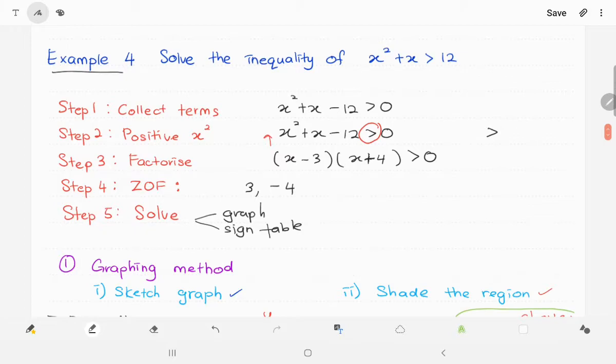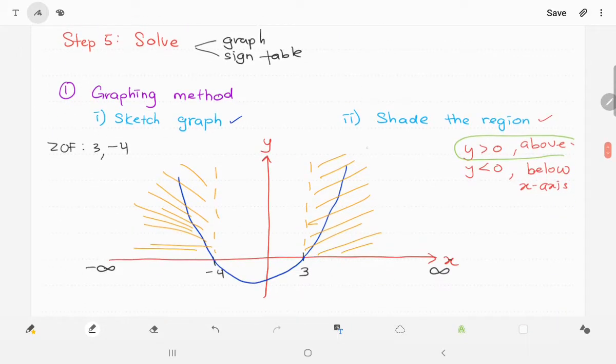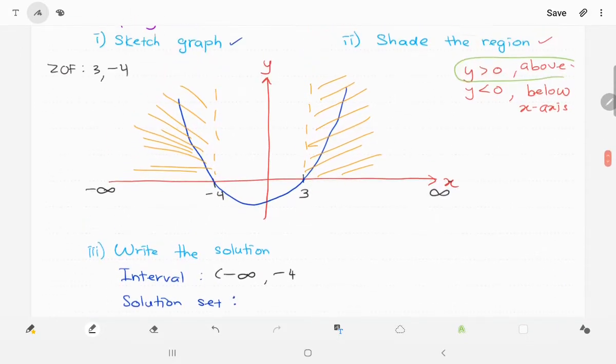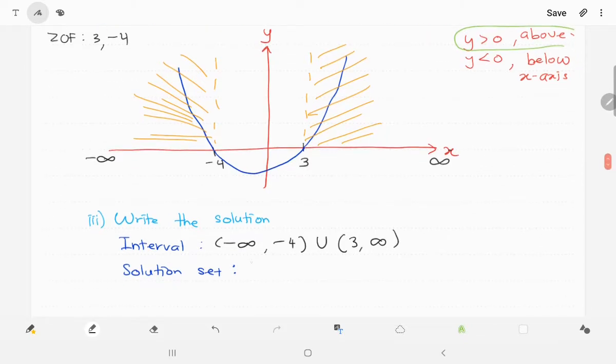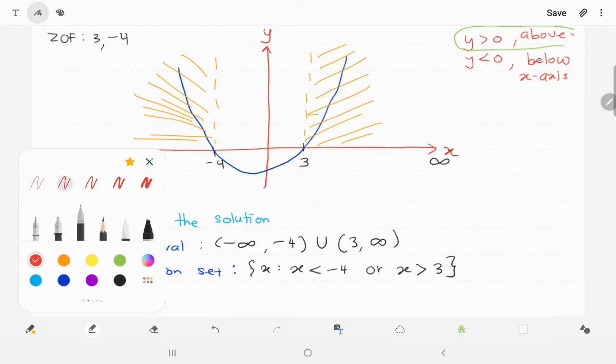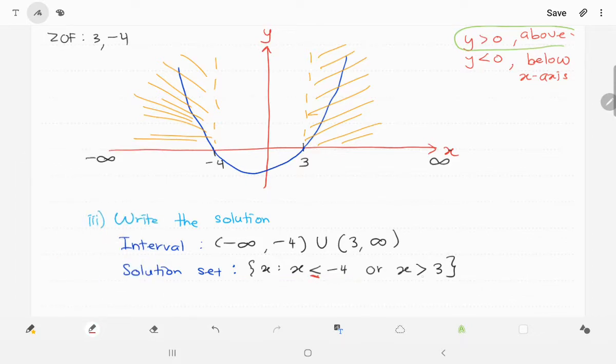This is greater than, not greater than or equal. That means our interval will be an open bracket, then union with open bracket 3 to infinity. So our solution set will be x less than negative 4 or x greater than 3. You should not put an equal sign here.